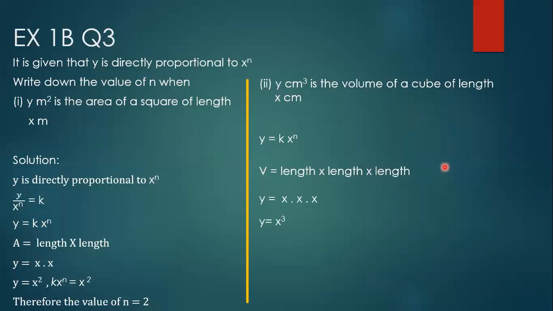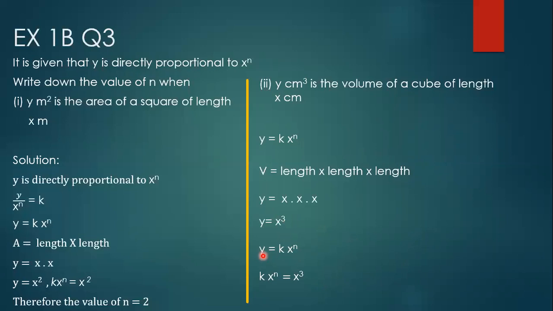So that's actually, now remember, this was actually our connecting equation. So since we have to find n, we want to replace x power n here. Remember, what is the value of power of x here? 3. So y is actually the volume, right?